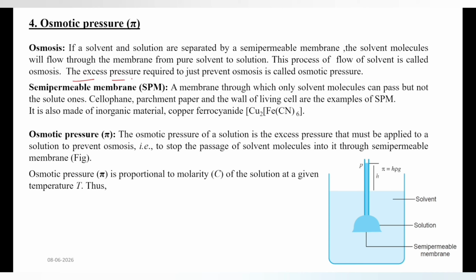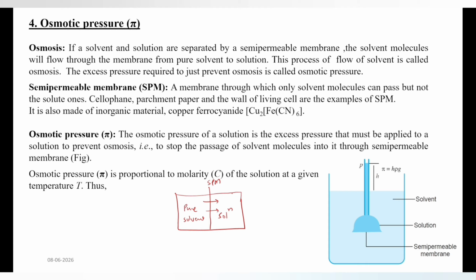But this osmosis requires what? A membrane. Now the excess pressure, this part is very important, is the easiest definition of osmotic pressure: the excess pressure required to just prevent osmosis is called osmotic pressure. Suppose I separate two chambers by a semi-permeable membrane. On this side I have the solution, and on this side pure solvent, so solvent particles will migrate from pure solvent to the solution.